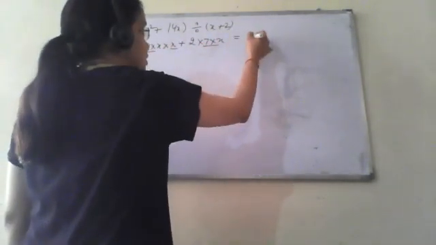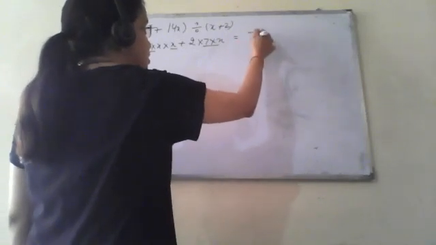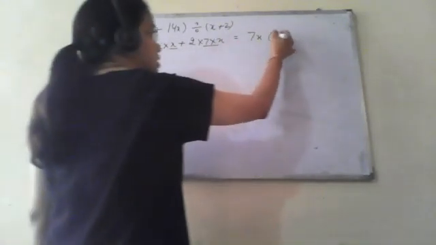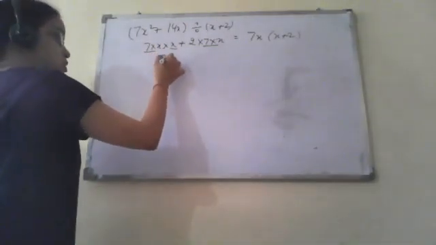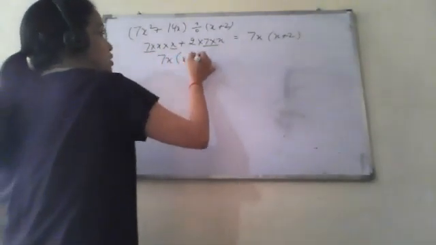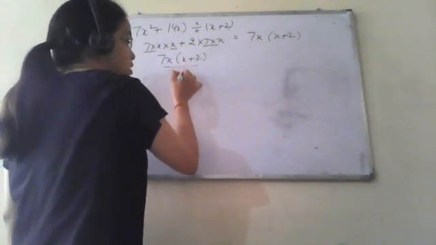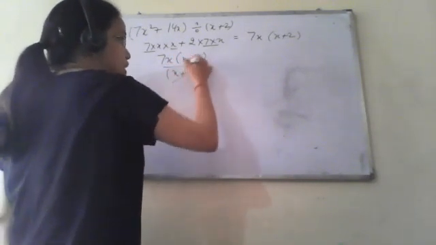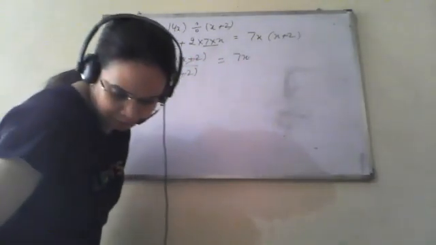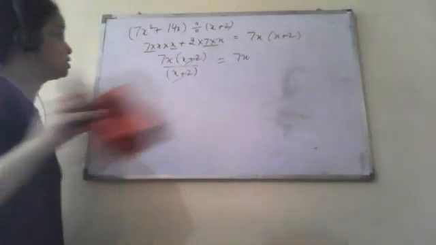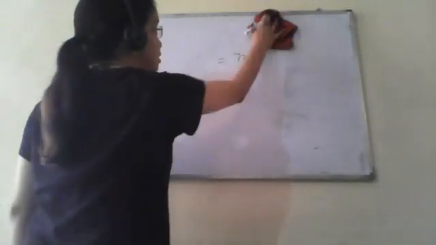So it is left with x plus 2. Now we have to divide this term by x plus 2. This will become 7x into x plus 2 divided by x plus 2. So it will get cancelled out and the answer will be 7x. Clear? So next example, that is example number 15.